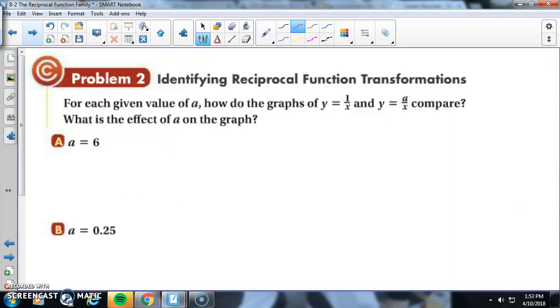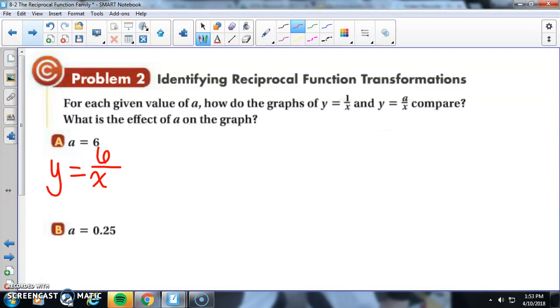Identifying the reciprocal function transformations. Given a value of a, how do the graphs of y is equal to 1 over x and y is equal to a over x compare? What is the effect of a on the graph? So we're just taking the a value and plugging it in for a. Y is equal to 6 over x.